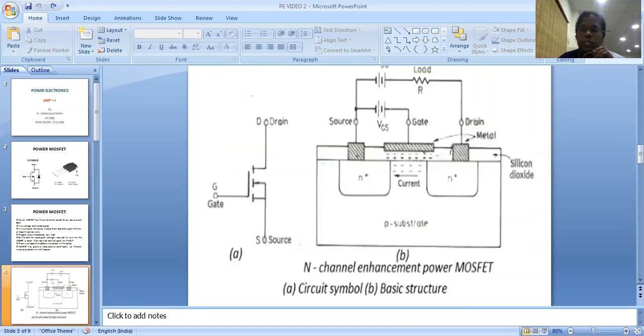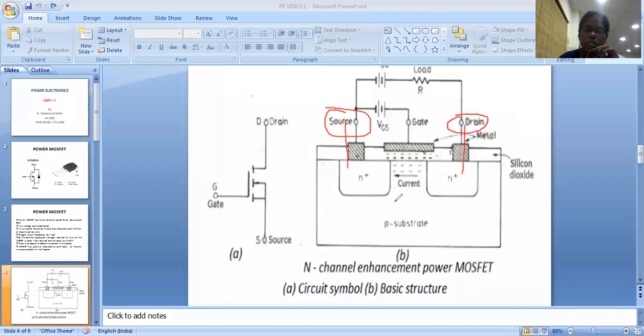Here you can see the exact structure of the N channel power MOSFET. The source terminal is taken from this N layer, and the drain is formed from this other N layer.